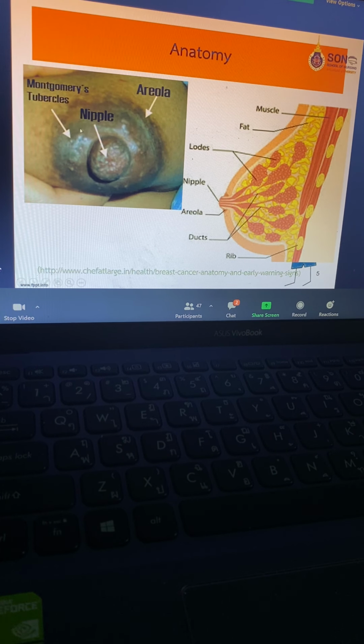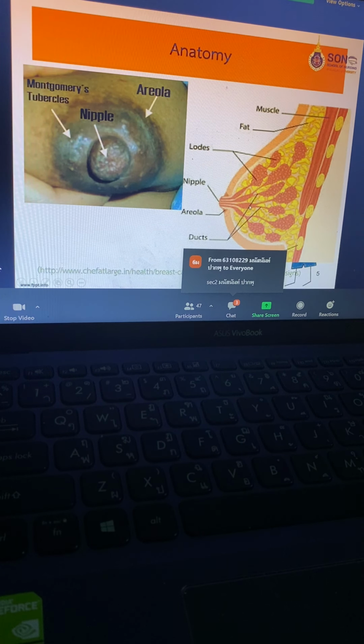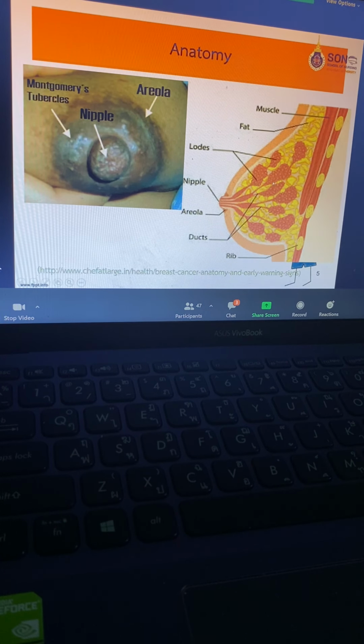Okay, and inside the breast, you can see in the right picture. The nipple and areola we've talked about. The duct is the flow of milk, and there is fat and muscle, and the rib of the body.